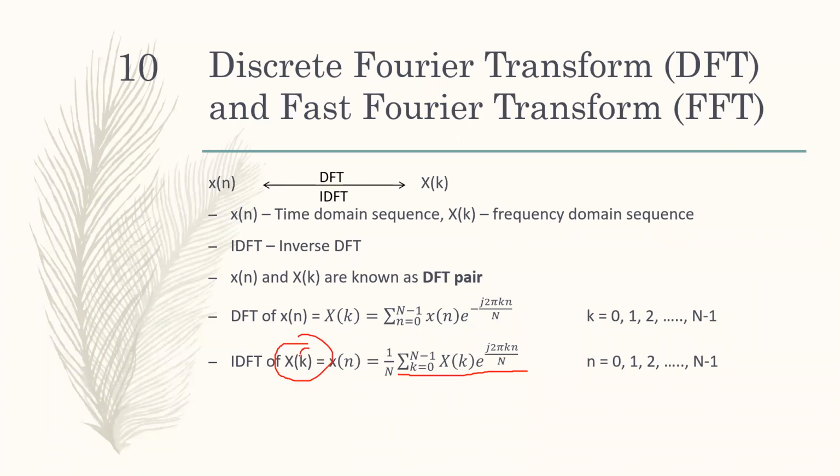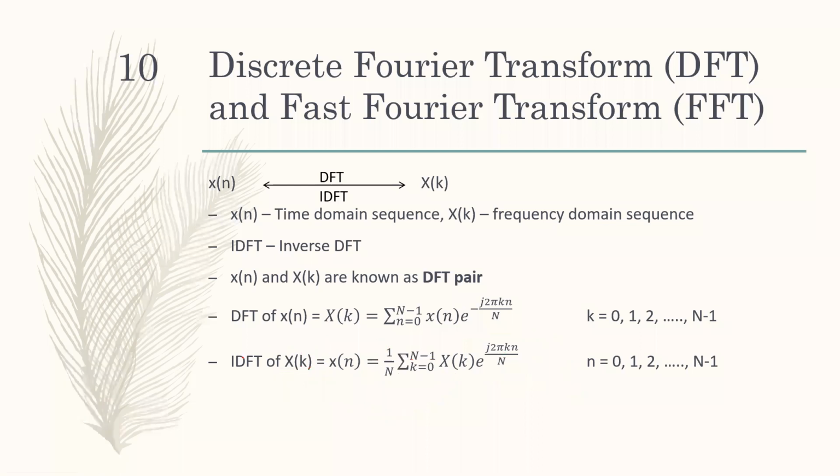Since k is present, the summation changes from k equal to 0 to N minus 1, of X of k, and this turns out to be e raised to plus j 2 pi kn by N. If I write it in Twiddle factor form, it is W N raised to kn, where W N is e raised to j 2 pi by N. One extra thing which comes is division by N. The whole summation will be divided by N, the period of the sequence.